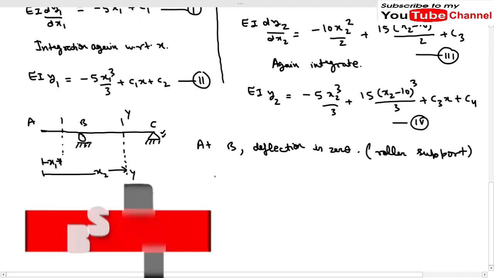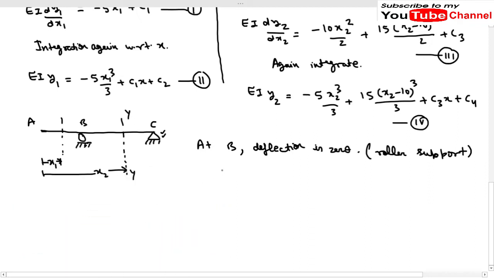If we see that this is distance x1, this is distance x2, we can write very easily that y1 at x1 equal to 10 meters, which is the distance of B from A. So at x1 equal to 10 meters, y1 is 0, and the other boundary condition is at x2 equal to 10 meters, y2 is also 0, which is the equation for the BC portion.